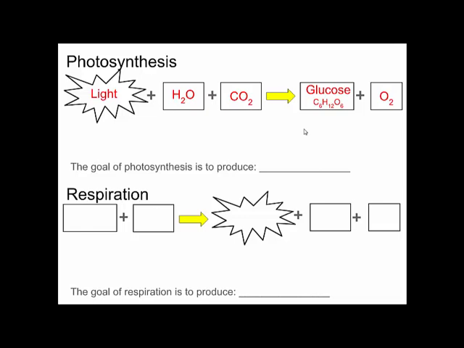And so we have some words we need to learn. The things that you need for the reaction to take place, the ingredients, are called the reactants. The things that are made at the other side of the arrow are called the products.